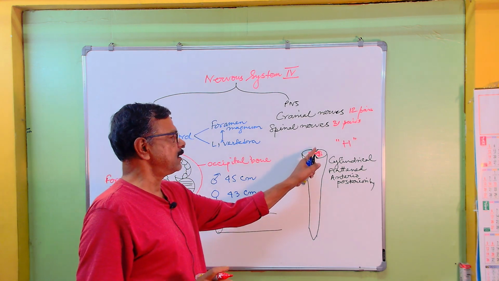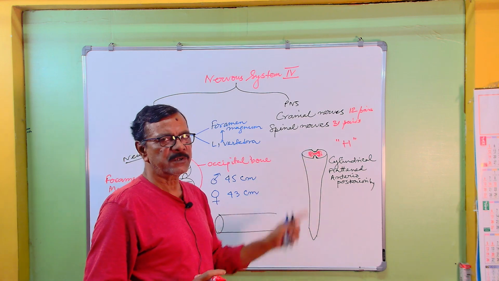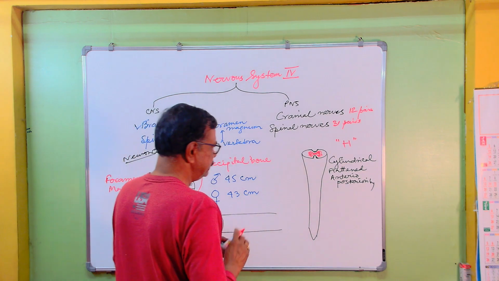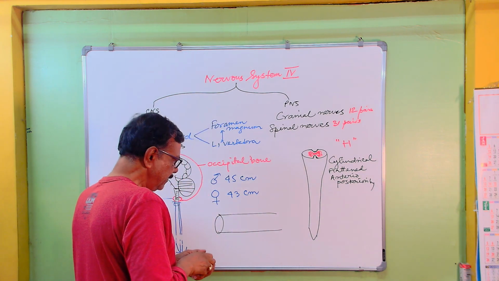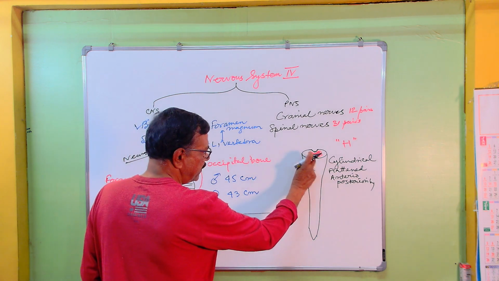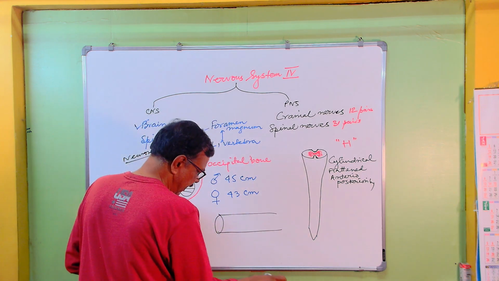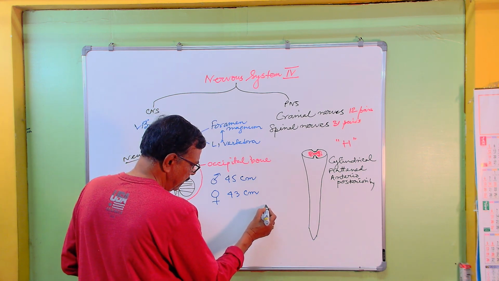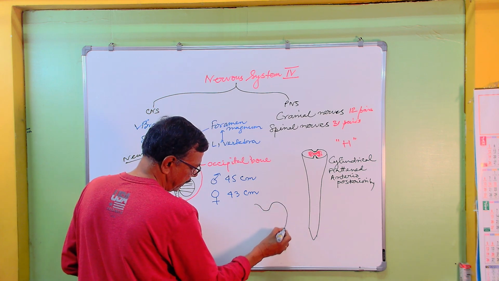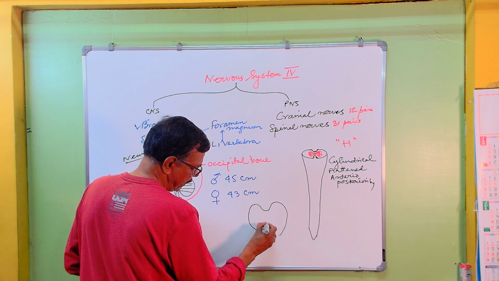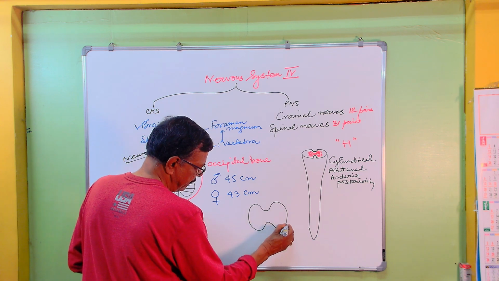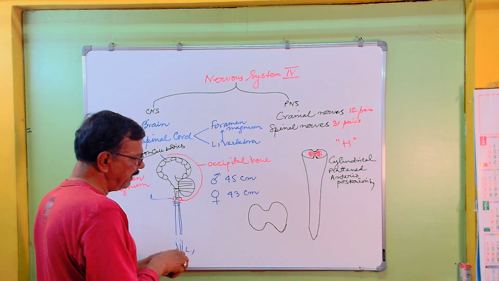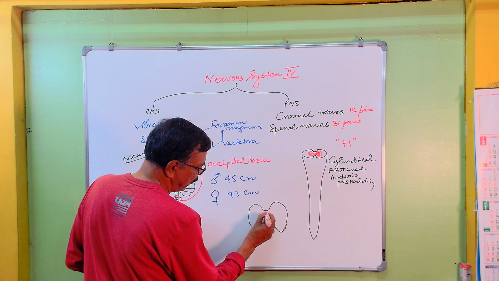Because of this tapering, it appears like H, and the grey matter produces some horns.